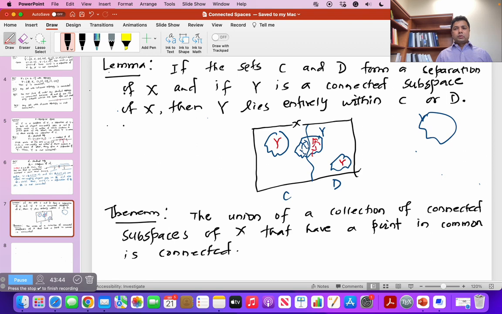Okay, so this theorem tells us that the arbitrary union of connected spaces is going to be connected if all the connected spaces have a point in common.